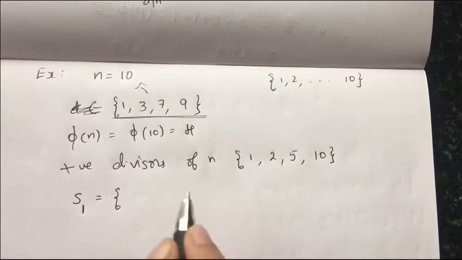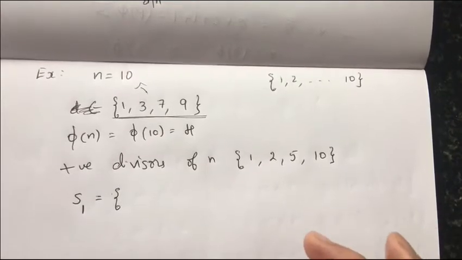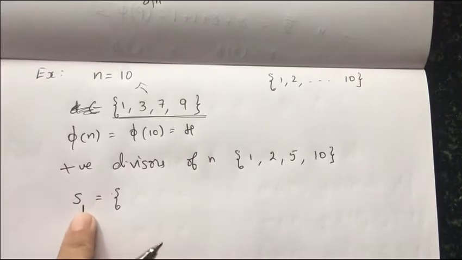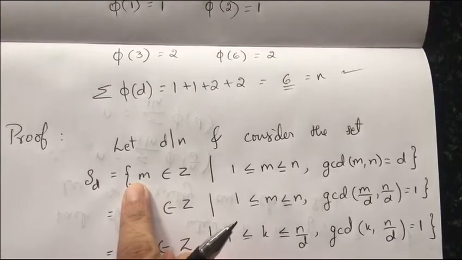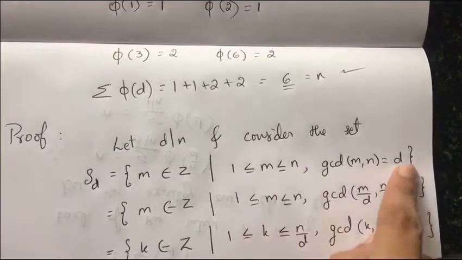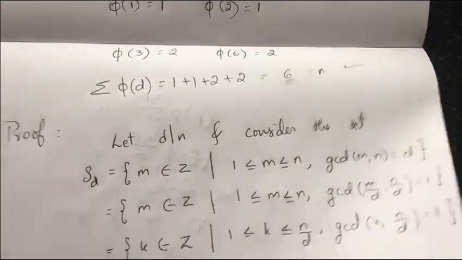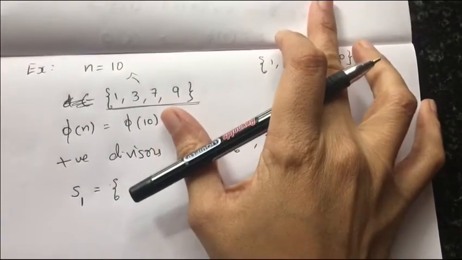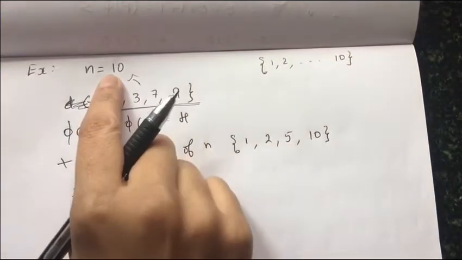it is nothing but the number of positive integers not exceeding n by D that are relatively prime to n by D. So class 1 numbers are the set of integers which are less than or equal to n and their GCD with n is 1, in this case, because I'm calculating S1. What are the numbers which give you GCD 1 when you take them with the number 10?